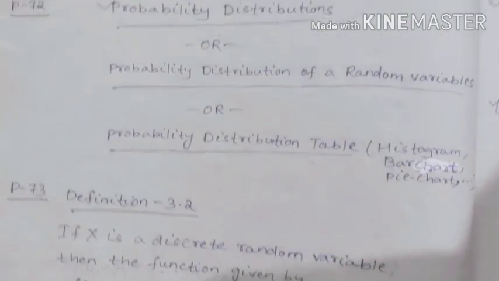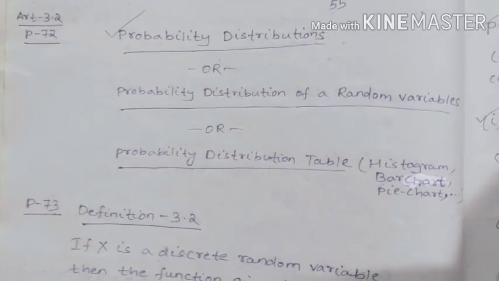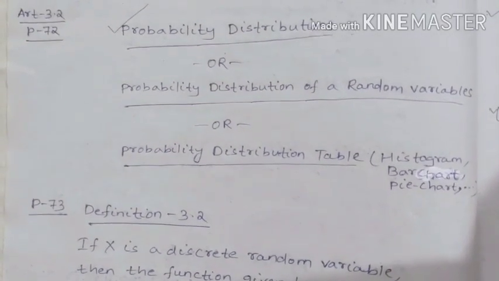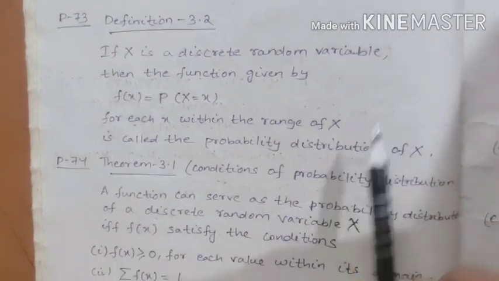There are two types of random variable: one is a discrete random variable, another is a continuous random variable. We have to discuss first the discrete random variable.